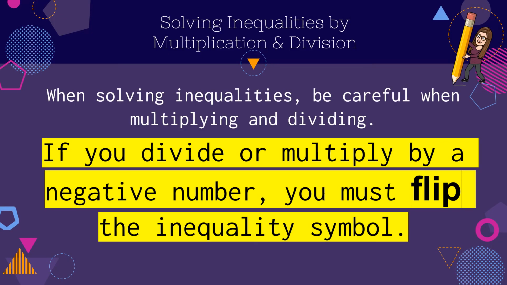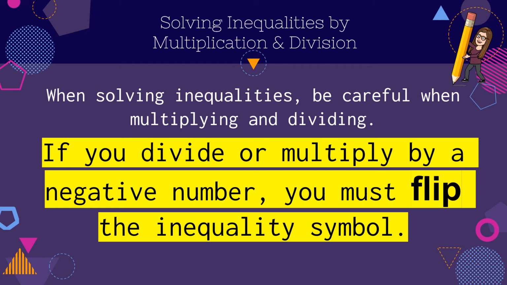Now here's where we have a special rule. I made it so big on your notes. If you're writing in your notebook, write really, really big. When we solve inequalities, we have a special, unique rule. Hence why I've made it so big and highlighted it yellow, right? So important.